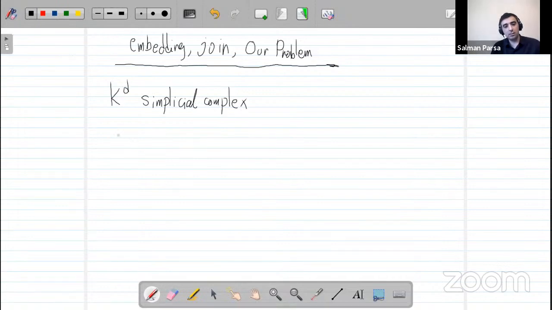Then I say that K embeds into double dimension if there is a continuous injective map into R to the 2D.